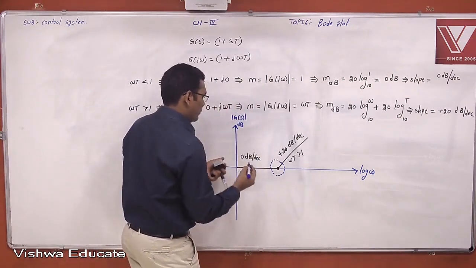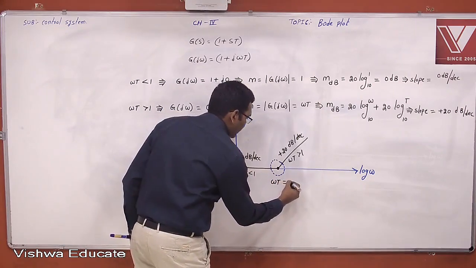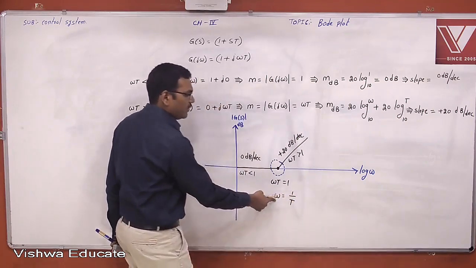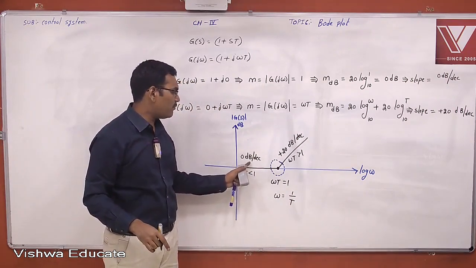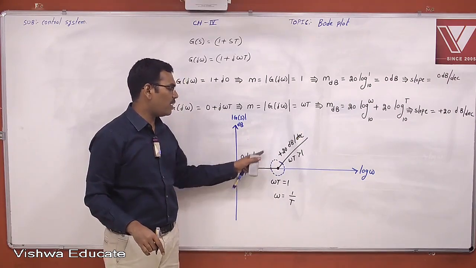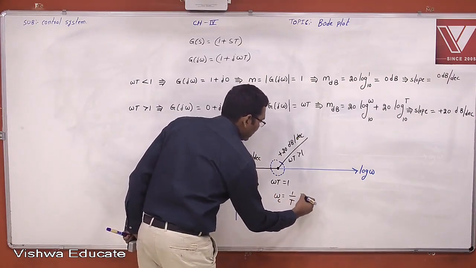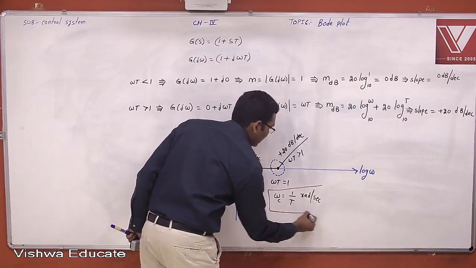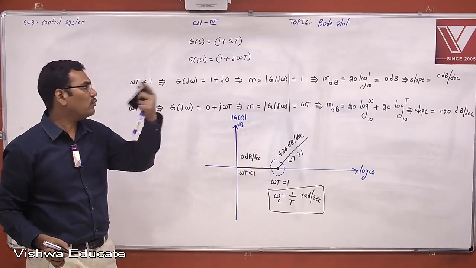The transition frequency is omega T equal to 1, omega equal to 1 by T. Listen carefully, this is the frequency where the slope is changing from one level to another level. That particular frequency is called corner frequency. What is corner frequency? Corner frequency is the frequency where the slope is changing from one level to another level.